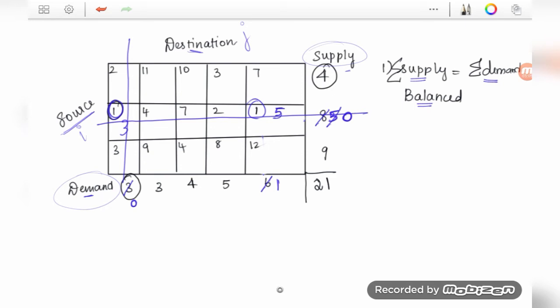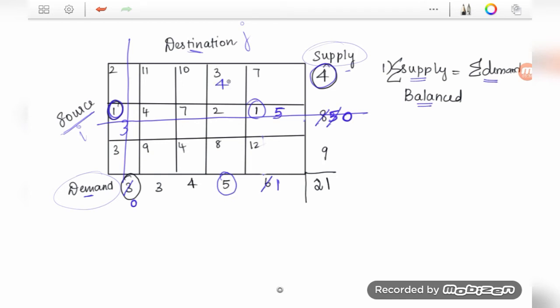Now the next smallest element. This row has been cancelled and this column has been cancelled, so the next smallest element is 3. You'll have to check the rows and columns which have not been cancelled yet. This 3 has not been cancelled yet, so amongst 4 and 5, which is the smallest value? 4, right?